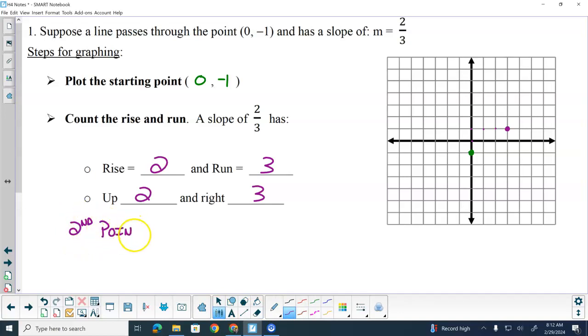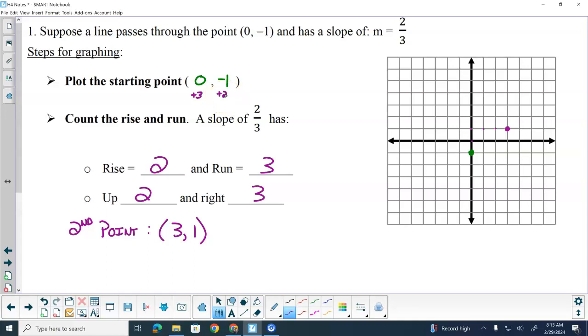Should be at the point 3, 1. Because I went plus 3 there to get my 3, and I went plus 2 there to get the 1. Okay?